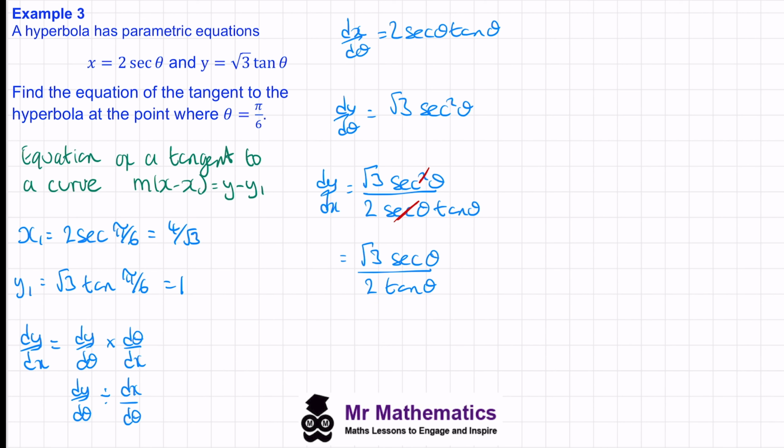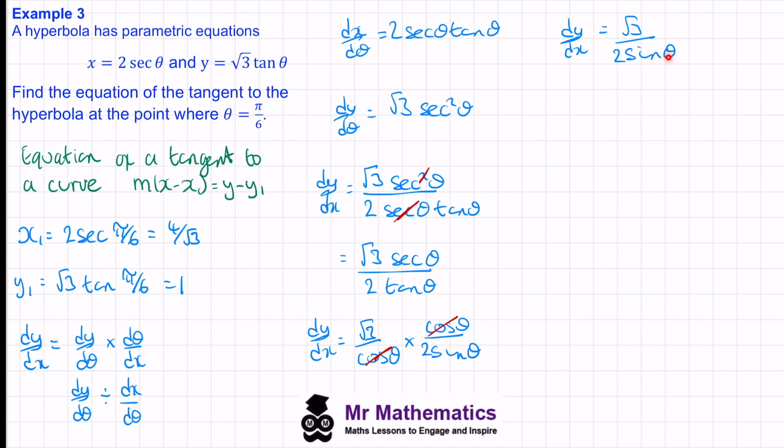And then we can express sec theta as 1 over cos and tan theta as sine over cos. So dy by dx becomes root 3 over cos theta multiplied by cos theta over sine theta. And then these cos thetas will cancel. So we're left with the gradient dy by dx will be root 3 over 2 sine theta.